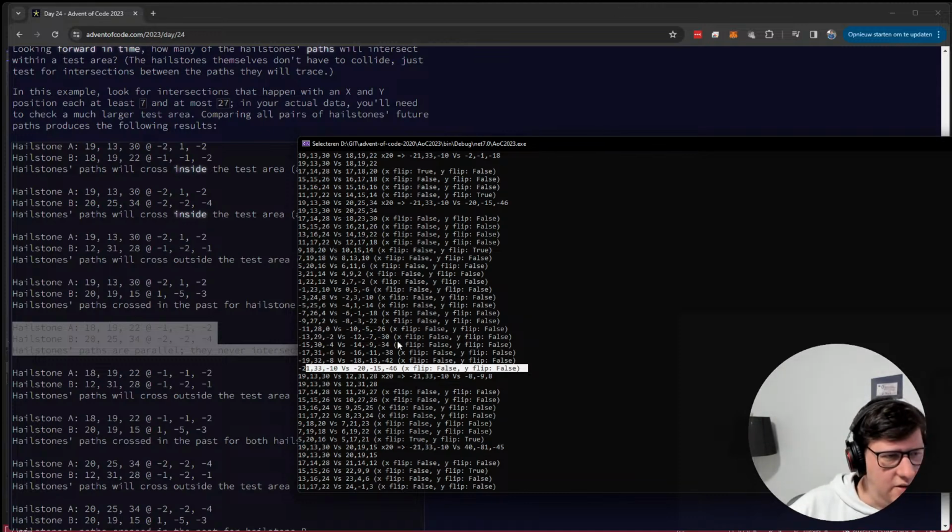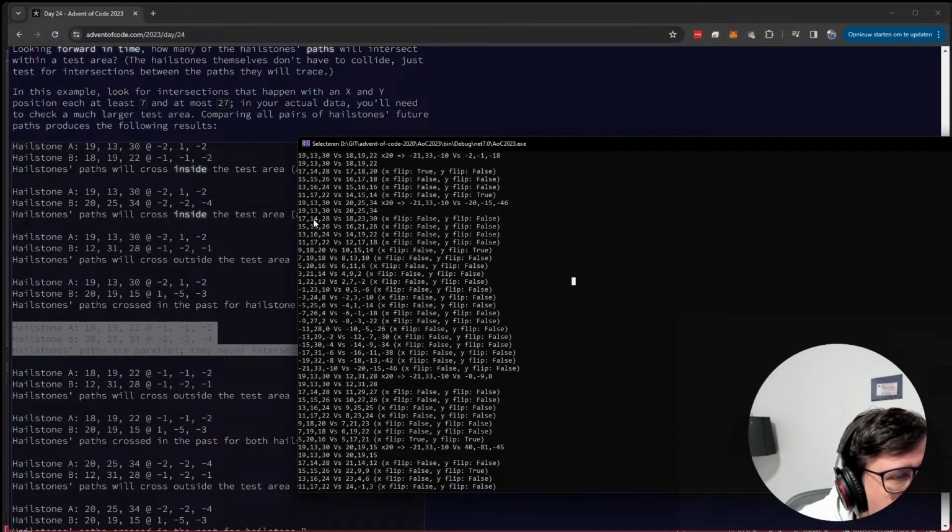But it's clear that I just don't understand the problem here, and I'm going in the wrong way. Let's see. So the X one will never flip here, and that was the thing that we had before. But the Y intersects here.